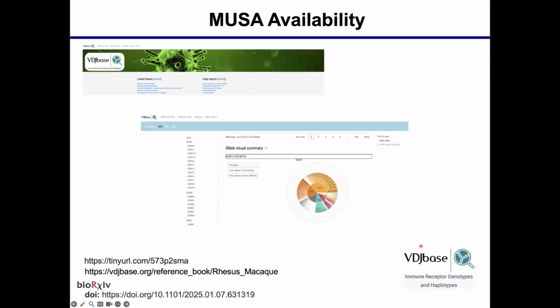Okay. So where do you find the data? Thankfully we collaborate with William Lees and Gur Yaari, who have done an amazing job of trying to make these data sets not only publicly available, but available in a way that's usable and searchable and dynamic. This MUSA data set has now been posted on VDJBase as a reference book.